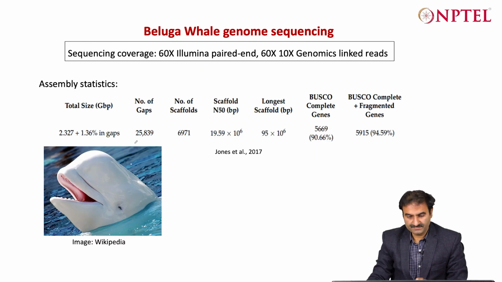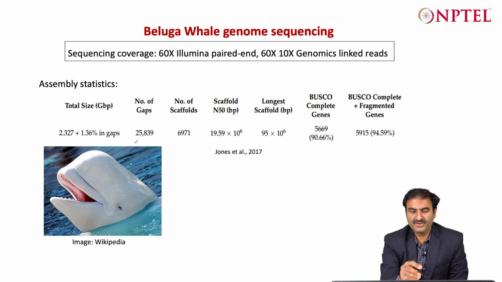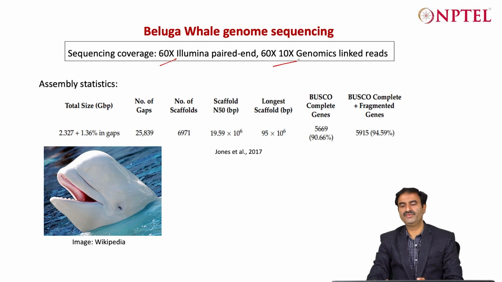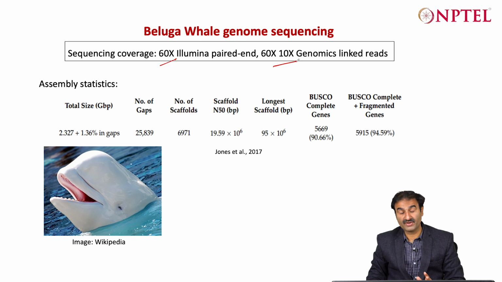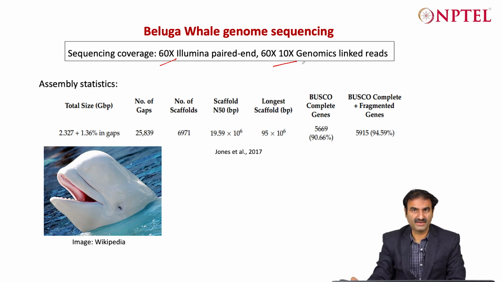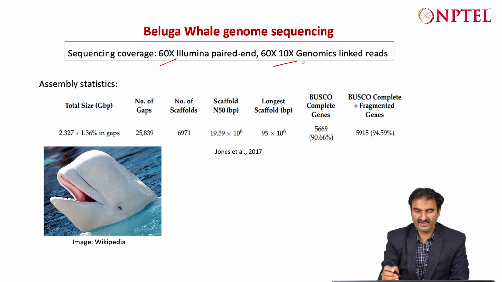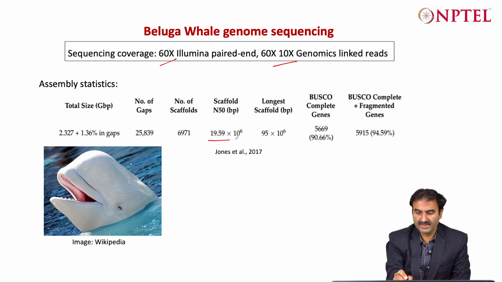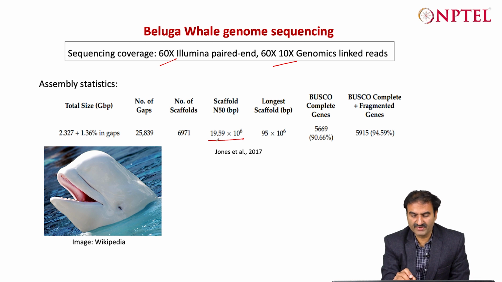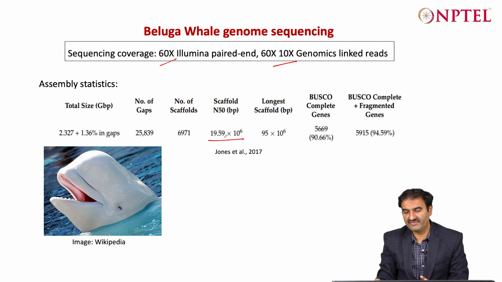So the whale genome: they used Illumina data and linked read data. Here they have not used long read sequencing, but only mate pair, linked reads that is 10x Genomics, and short read data, and they could get an N50 of 19 MB, which is a good N50 in this case.